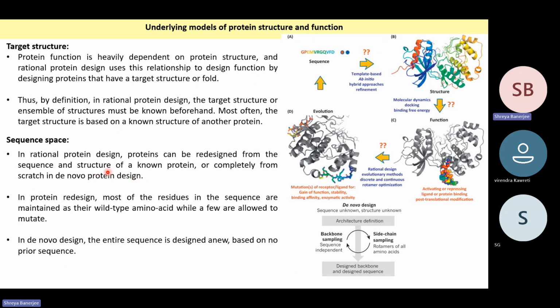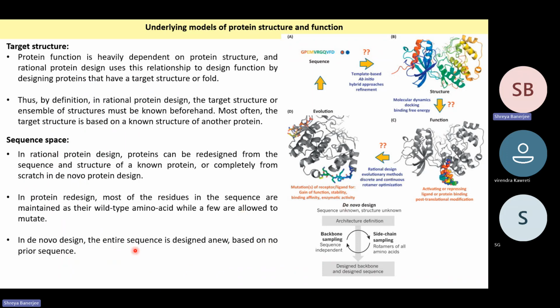So what this means is, we can have a protein of known sequence and structure, and we can mutate certain amino acids in that protein to improve the function or get our desired function. Or we can start completely from scratch. That is called de novo protein design. There the entire sequence is designed from scratch. There is no prior sequence.